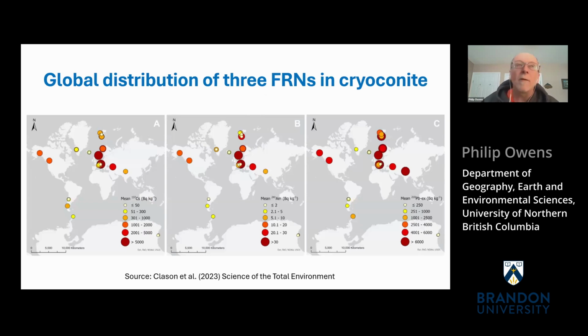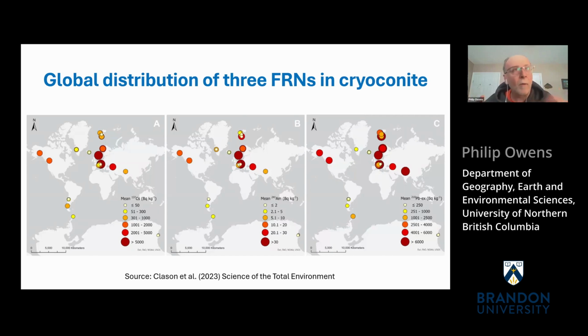With a team of other people, we've started to look at how contaminated these glacial sediments are, and we've assembled a global inventory of these fallout radionuclides. Here you can see a map of three different fallout radionuclides: americium-241, unsupported lead-210, and cesium-137.